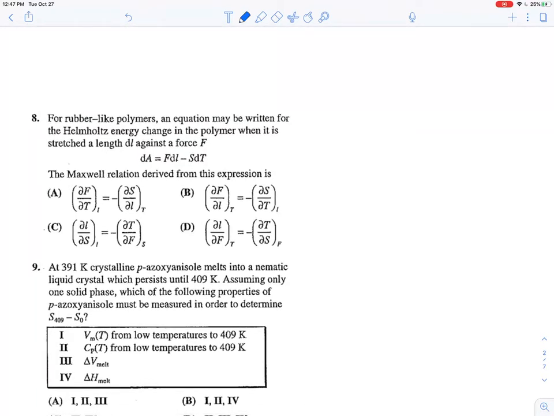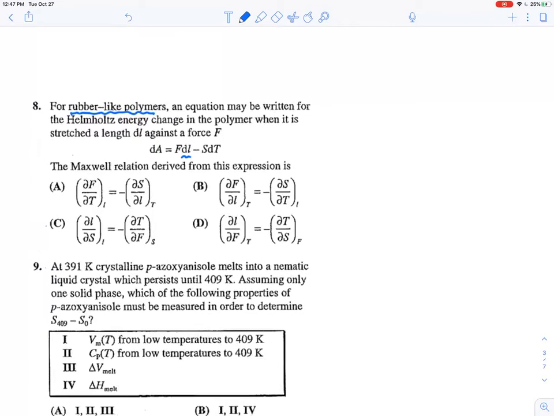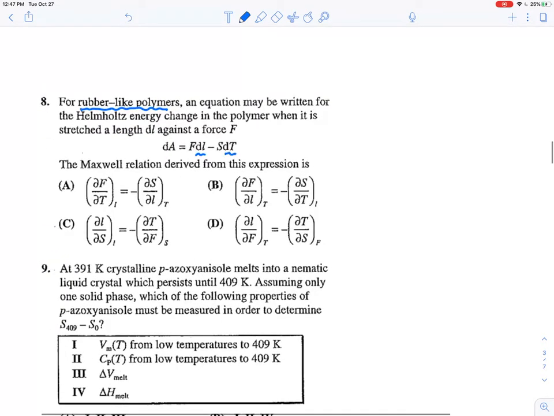Anything that defines a thermodynamic function can be expressed as a combination of two dependent variables, and here it is the Helmholtz energy, and this is known as rubber elasticity, and L is how much stretching you have, and the temperature is just like the others.